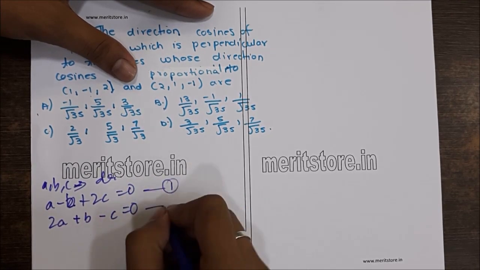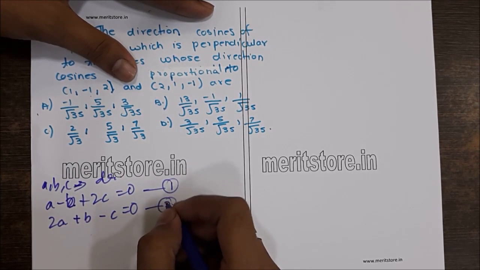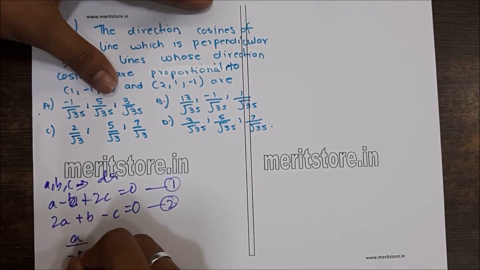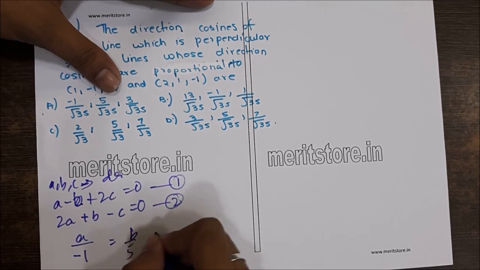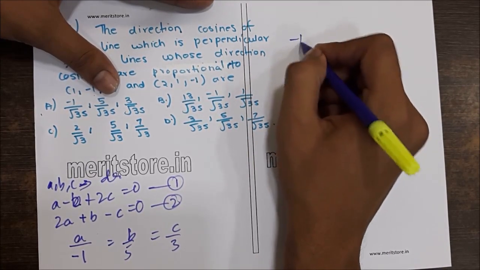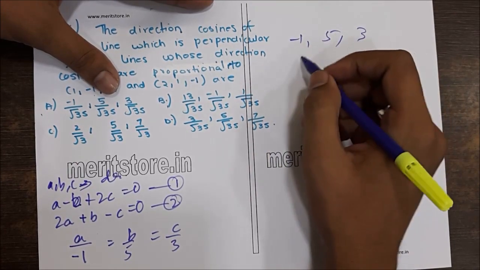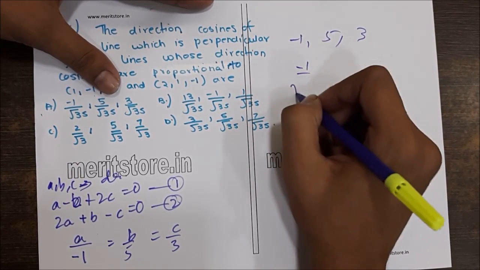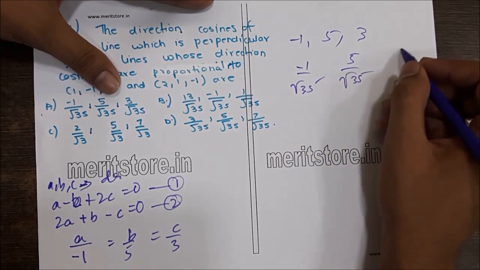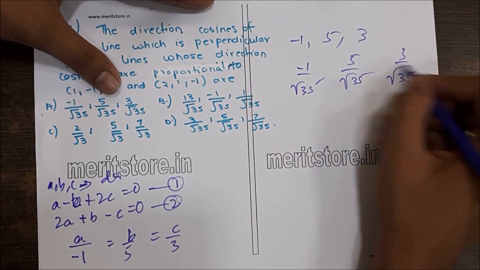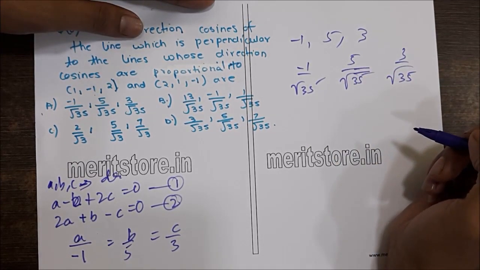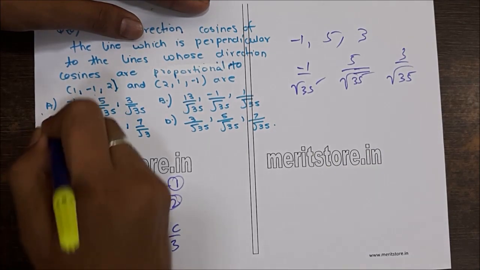So these are our equations, equation 1 and 2. So solving 1 and 2, we will get a by minus 1 is equal to b by 5 is equal to c by 3. So the direction ratios of the line are minus 1, 5 and 3. So the direction cosines would be minus 1 by root 35, minus 5 by root 35 and 3 by root 35. So our correct answer is option A.